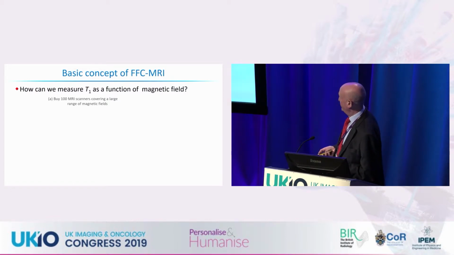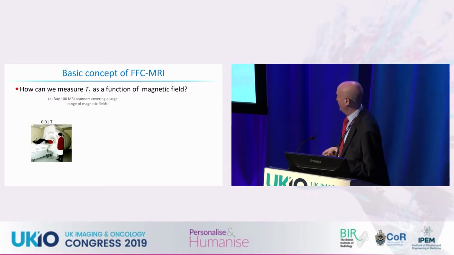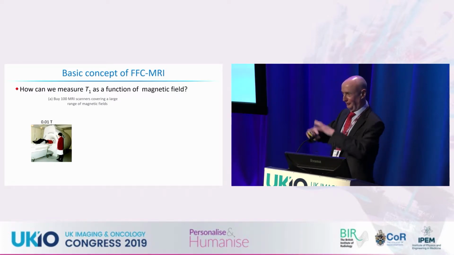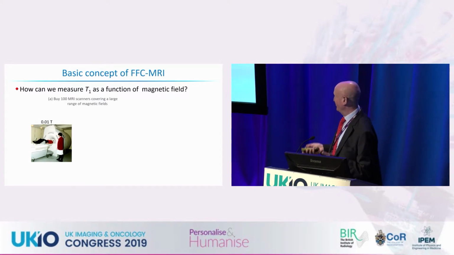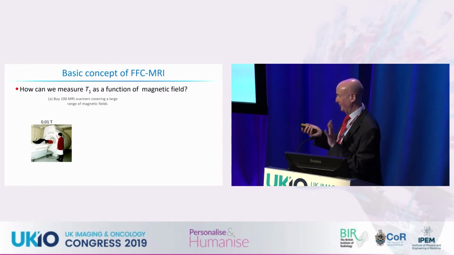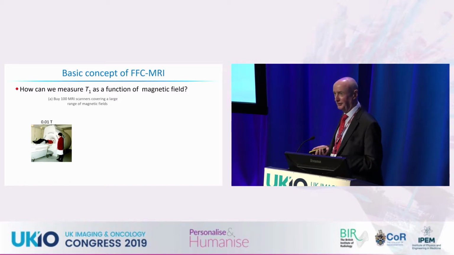If you were very rich and had an enormous amount of space, you might think, okay, I'll just buy 100 MRI scanners, each one has a different field strength, and we'll do it like that. So you invite the patient into your enormous cavernous scanning center first thing in the morning, and you set them up on the 0.01 Tesla scanner, and they're in there for about 20 minutes collecting images, and then they think they can go home.